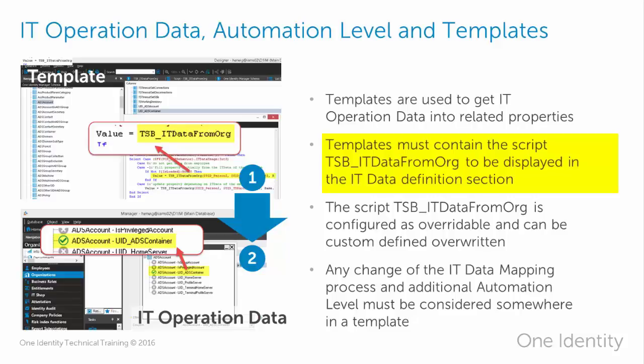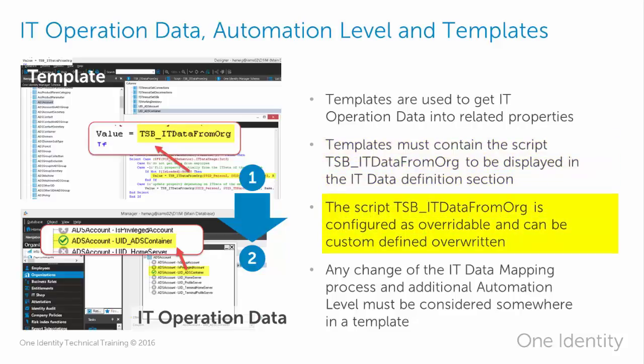Because all of these template functions are sometimes a little bit unhandy, it makes sense to say this function, tsb_IT_data from org, is marked as overridable. That means you can create a custom function, and this custom function can have the name tsb_IT_data from org, which then enables you to implement new functionality into that mapping script without modifying all of these standard templates calling this.